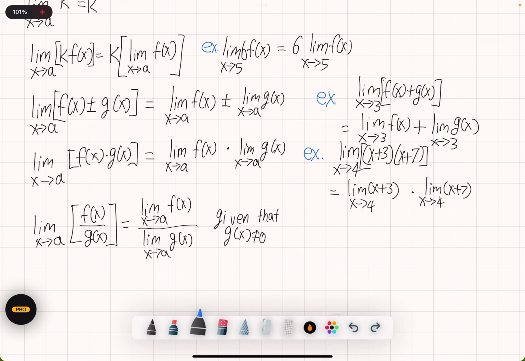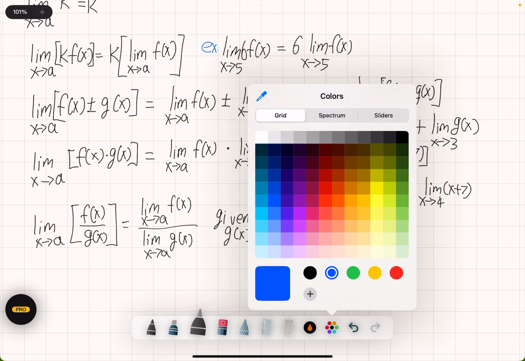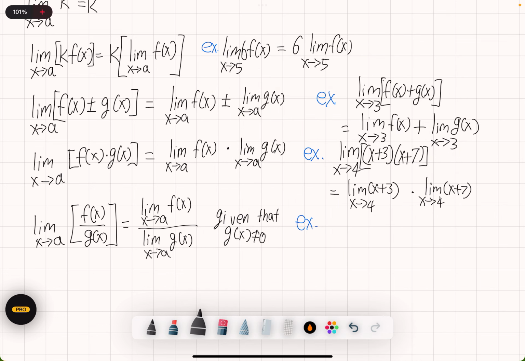An example would be the limit as x approaches -1 of 5x squared over x plus 2 equals the limit of 5x squared as x approaches -1 over the limit of x plus 2 as x approaches -1.